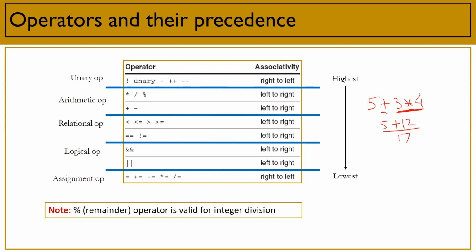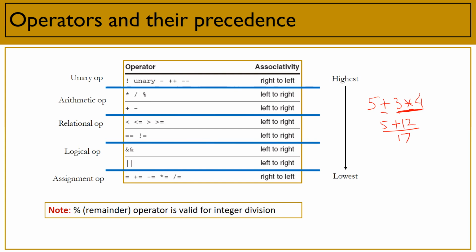Then we have relational operators, which are used to compare numbers or operands. They return either 1 or 0. If the comparison is true, they return 1. If the comparison is false, they return 0. They are used for decision making, which we'll cover later on.